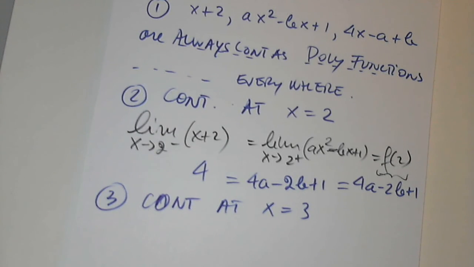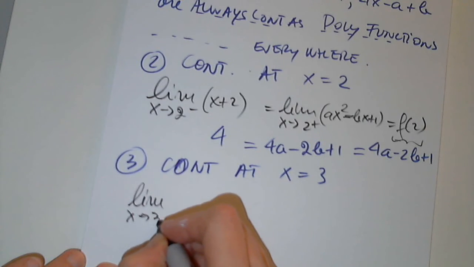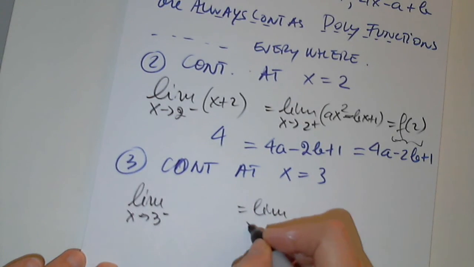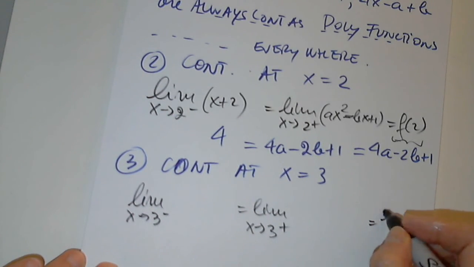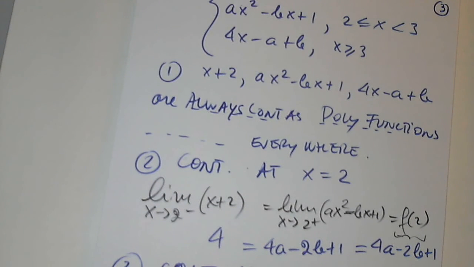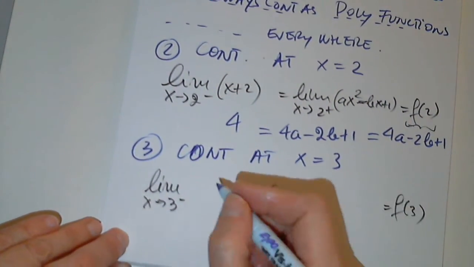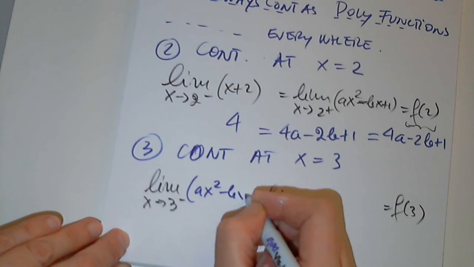Good. Okay. So let's repeat for continuity at 3. So limit as x approaches 3 from the left, limit as x approaches 3 from the right, and f of 3. Tell me what I should write when you're ready. From the left is ax squared minus bx plus 1.